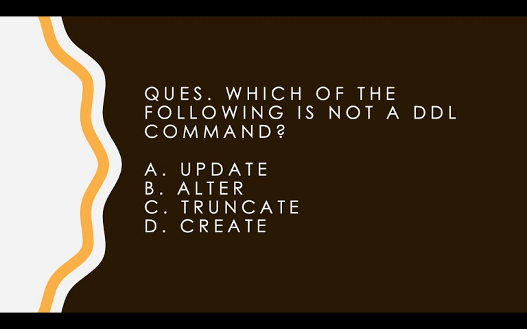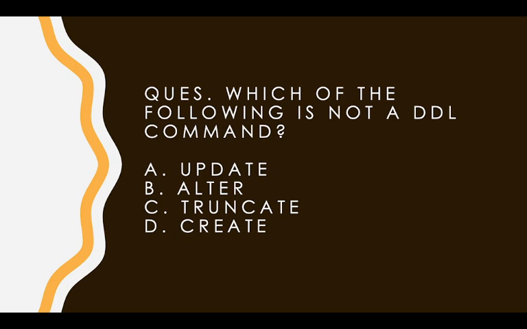So, just a brief definition. DDL is our data definition language. They are used to basically create and modify the structure of the database that we have. So, let us see the options that we are having here. First is update. So this is basically our DML command which is used to update existing records within a table.